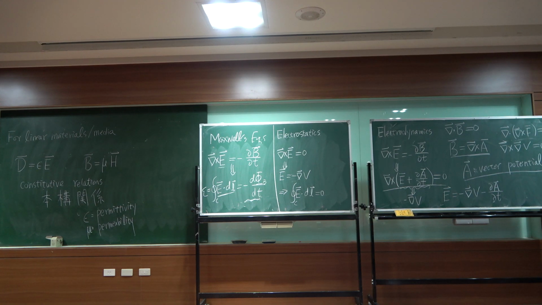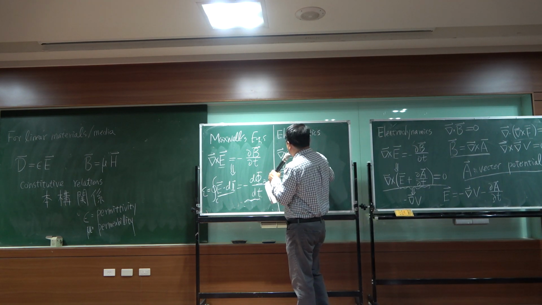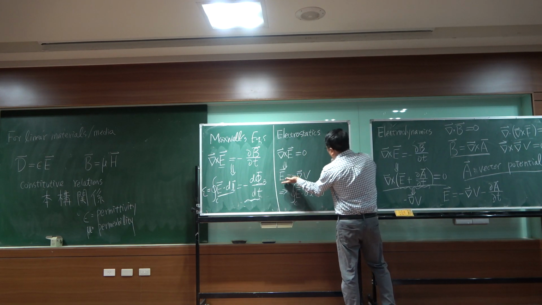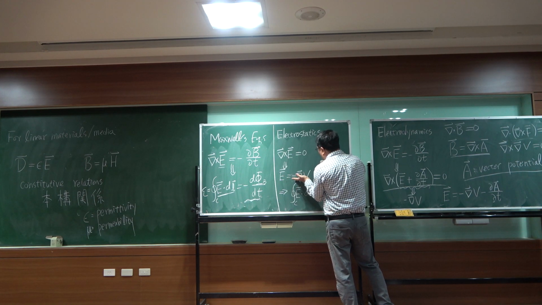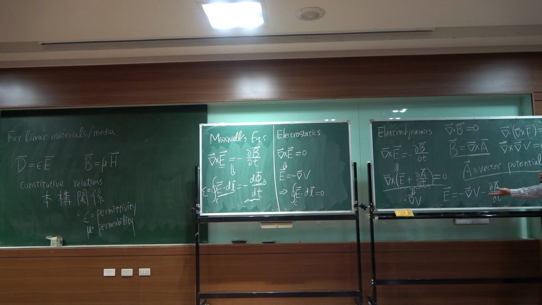Okay? So this is different from this electrostatics result. In electrostatics, E is always equal to minus gradient V. And in electrodynamics, E is equal to minus gradient V minus partial A partial t. Okay?